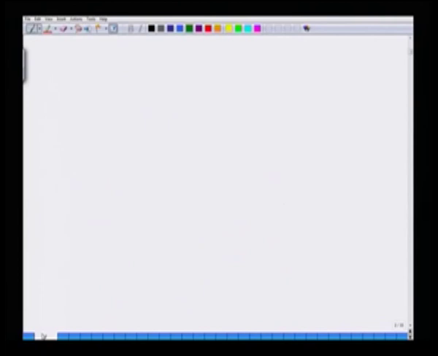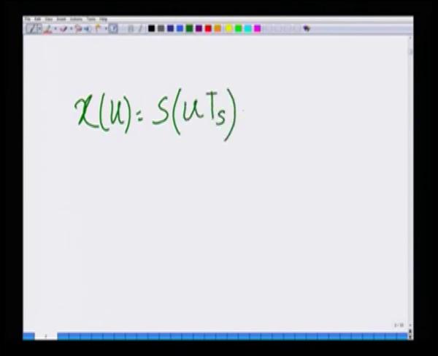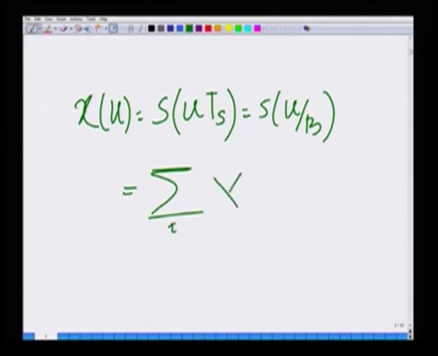That uth sample x(u) is s(u Ts), which equals s(u over B). That is the summation over i of x_i e^{j2πi(B/N)t}, but t is nothing but u by B.